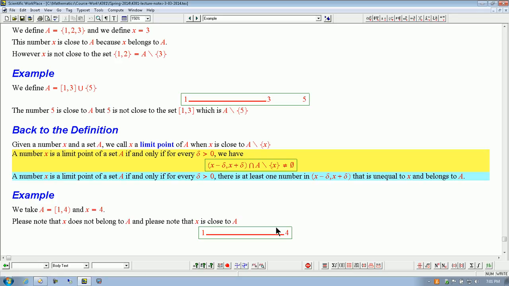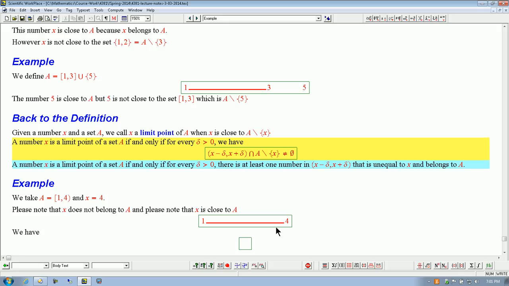Now I'm going to tell you something. We have the following equation. If you take the set A, which is the interval running from 1 to 4, and 1 is in, I don't care about that, but 4 is not in. You understand?